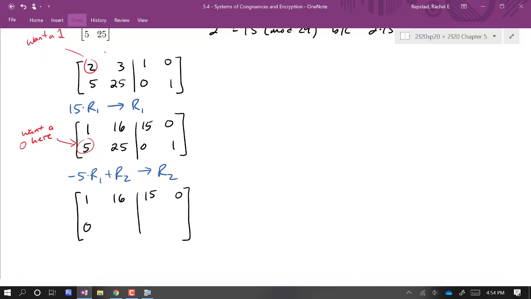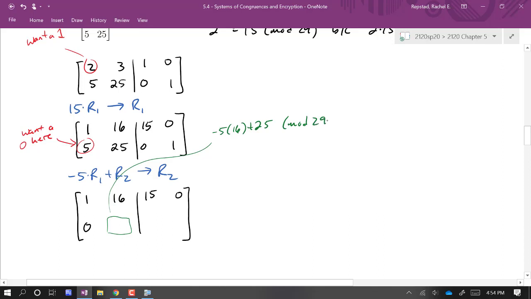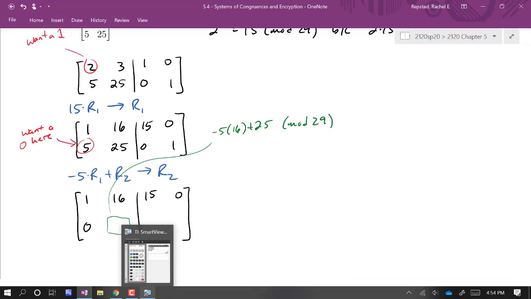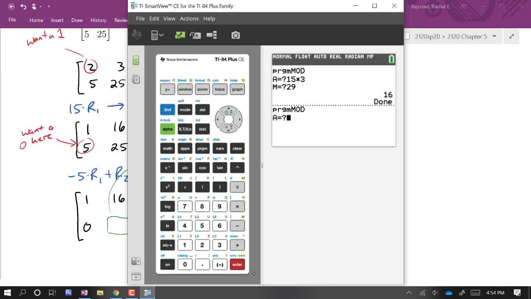Right, so what goes here? -5 times 16 plus 25 and then reduce mod 29. We can do that right in the calculator, right in the mod program. So I'm going to enter the mod program again. -5 times 16 plus 25. I can just throw in the whole expression like that. I'm going to reduce mod 29, and I get 3.